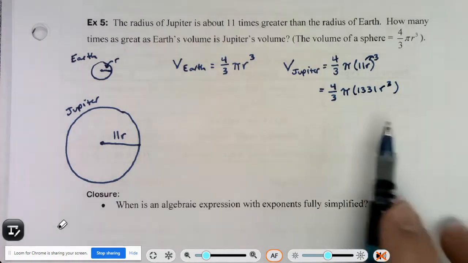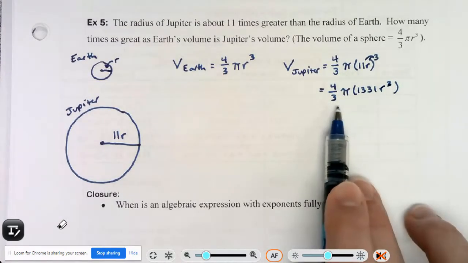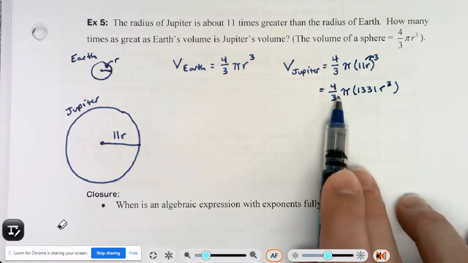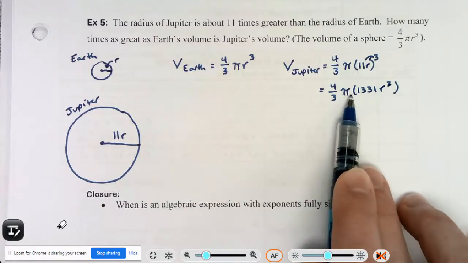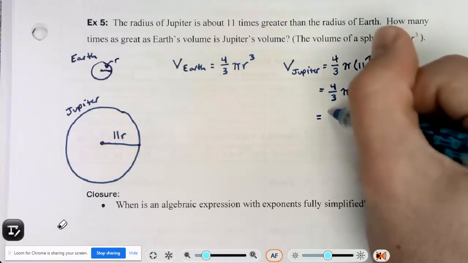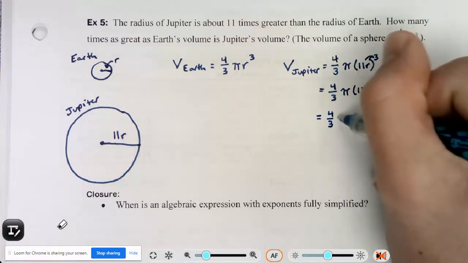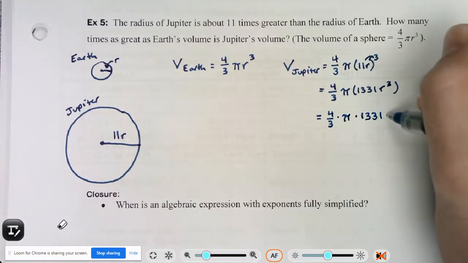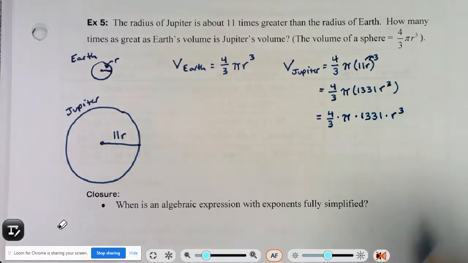Even though there are parentheses that I kept in here, this is multiplication between these two terms. It's just a string of multiplication. So for ease of looking at this, I'm going to write a little multiplication sign in between everything and take away the parentheses, because they're really not necessary in this case.